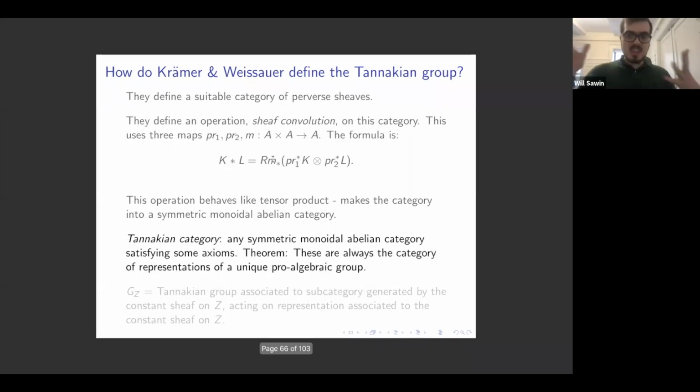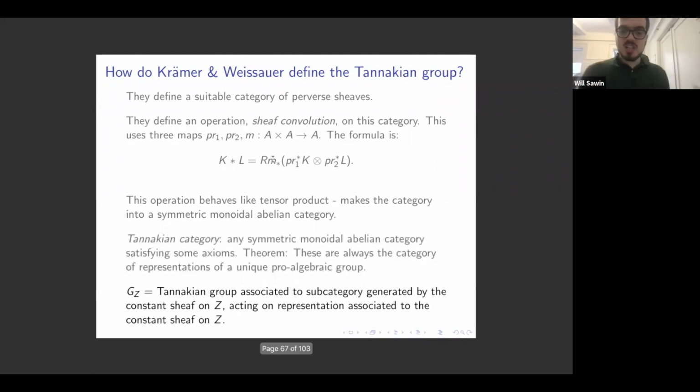And the beautiful main theorem of Tannakian categories is that any category satisfying these axioms is the category of representations of some group. It's always a pro-algebraic group, an inverse limit of algebraic groups, and it's uniquely determined by the category. So the big idea of Tannakian category theory is that a lot of times when you're constructing a group, it's best not to construct it by generators and relations or equations, but by first constructing its category of representations.